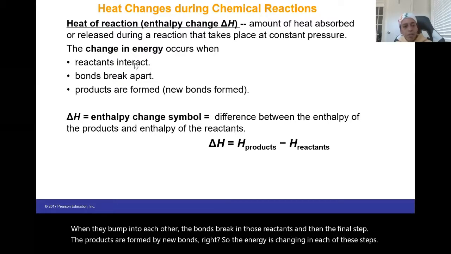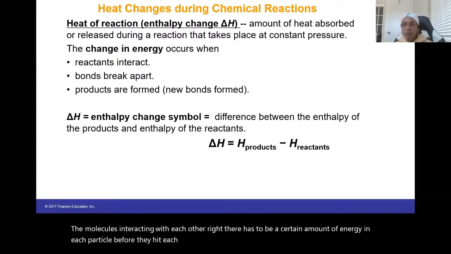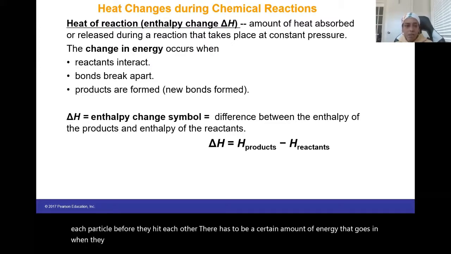The molecules interacting with each other, right? There has to be a certain amount of energy in each particle before they hit each other. There has to be a certain amount of energy that goes in when they do bounce into each other for those bonds to break apart.